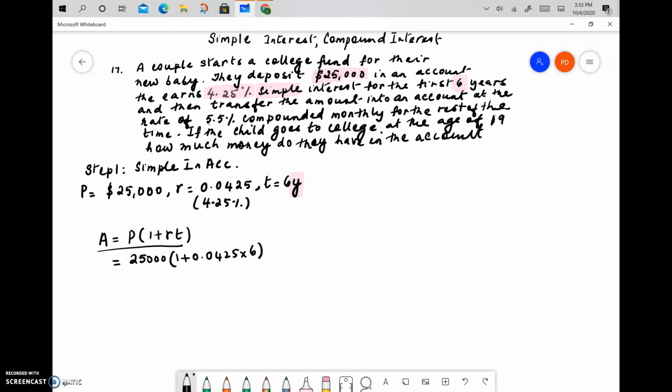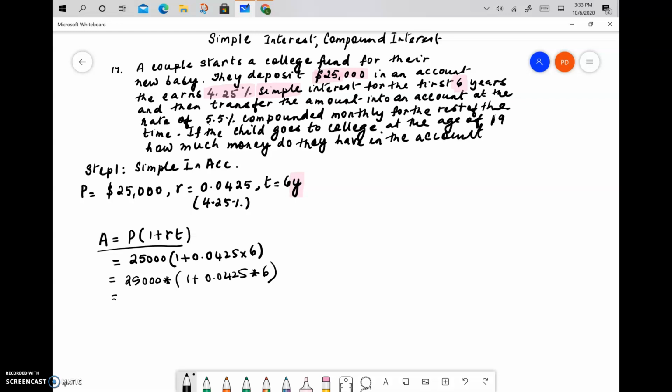Now we just enter it all into the calculator, making sure that we have parentheses. So that's exactly how you're going to enter it. You go times, open parentheses, 1 plus 0.0425 times 6, close parentheses. Make sure you're opening and closing parentheses.